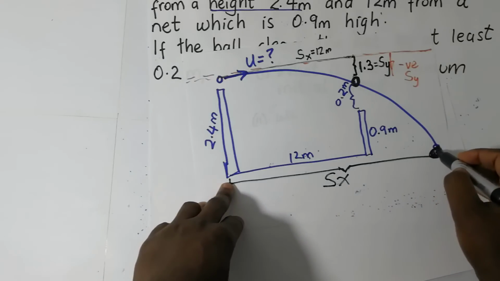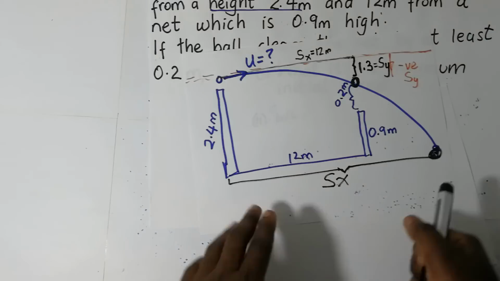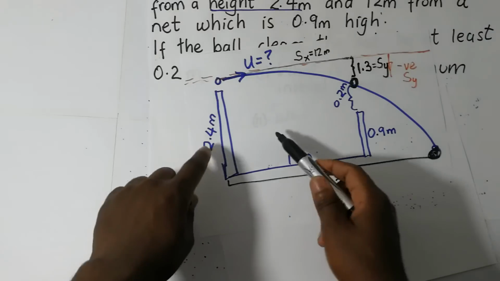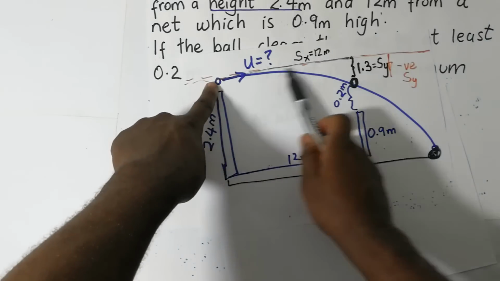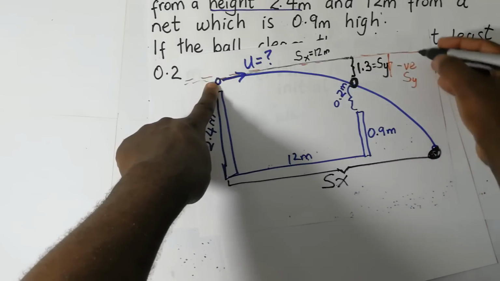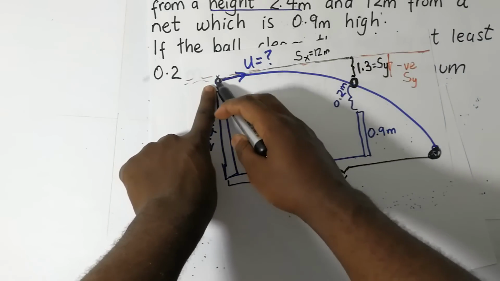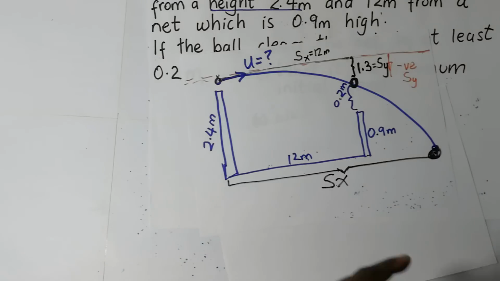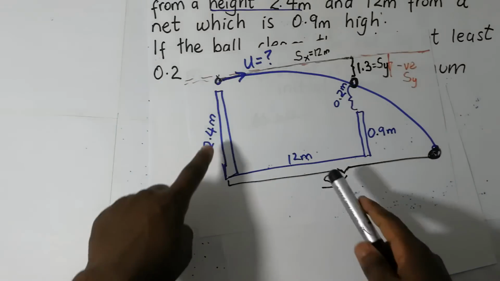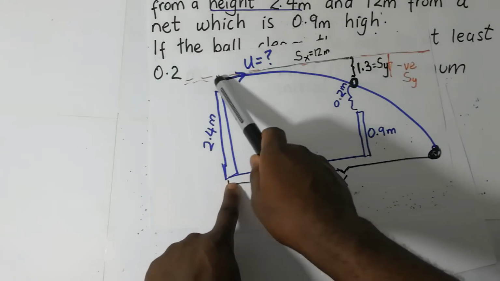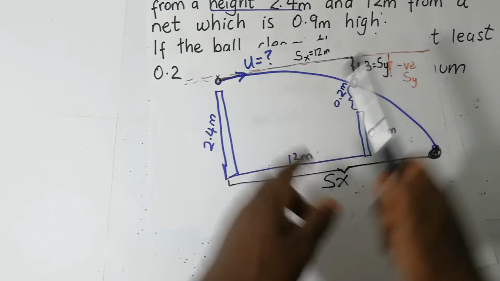By the time it lands here, this is like our origin, right? The point of projection is our origin. So its displacement in the x direction will be this, which is what we want.